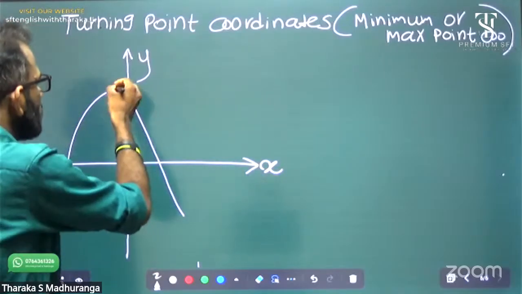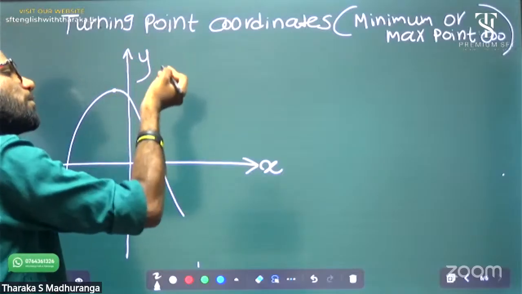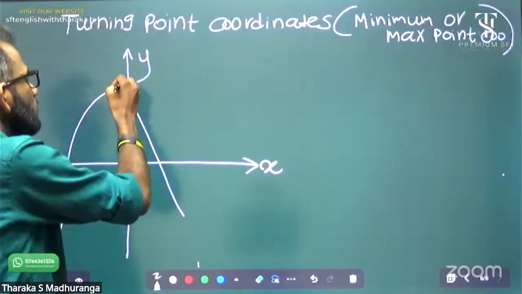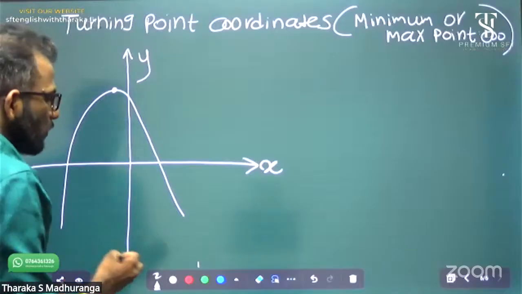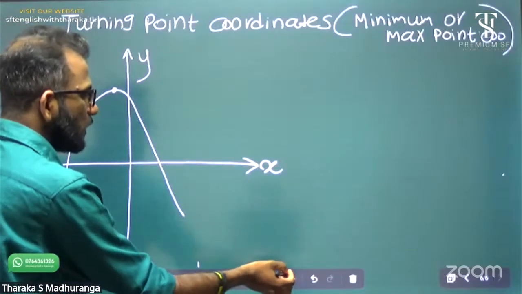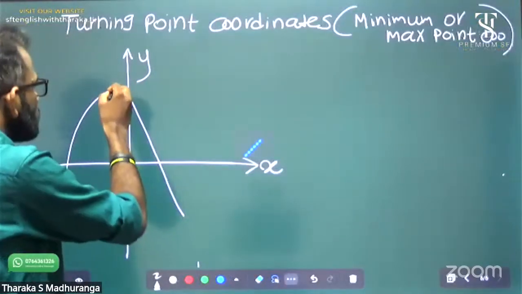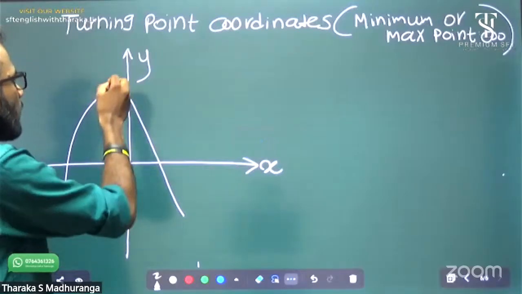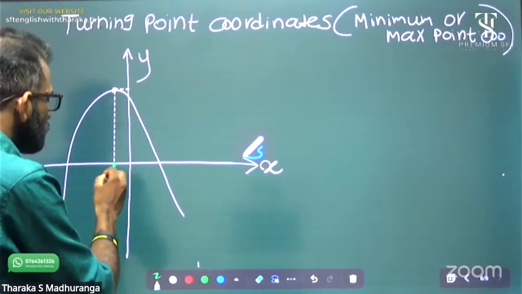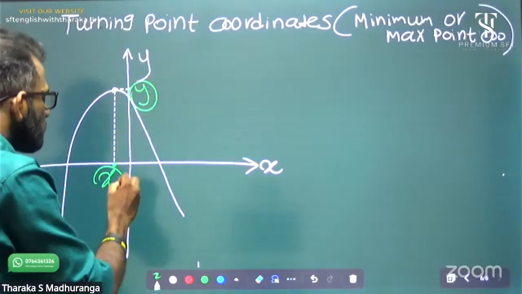Okay, turning point coordinates mean maximum or minimum point coordinates. Coordinates mean x and y values. Think this is the turning point of this quadratic function. The turning point coordinates mean the x value and y value of the turning point. This is the x value coordinate and this is the y value coordinate of the turning point.